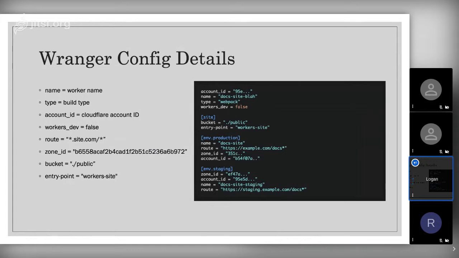So the bucket, if you're deploying a Gatsby project, is the folder that you want to deploy to Cloudflare Workers. And then this entry point is where the worker script code lives in your Gatsby project. For a Gatsby or a React project, this is the code that communicates with the Cloudflare API.